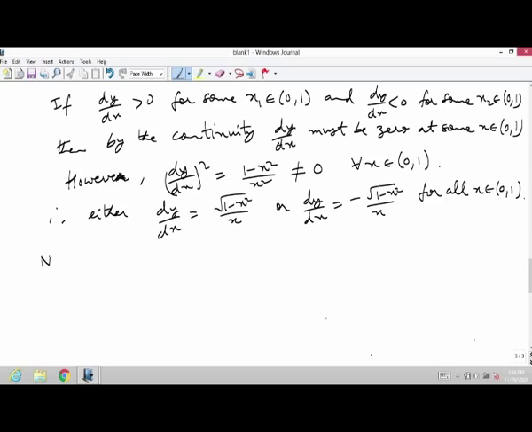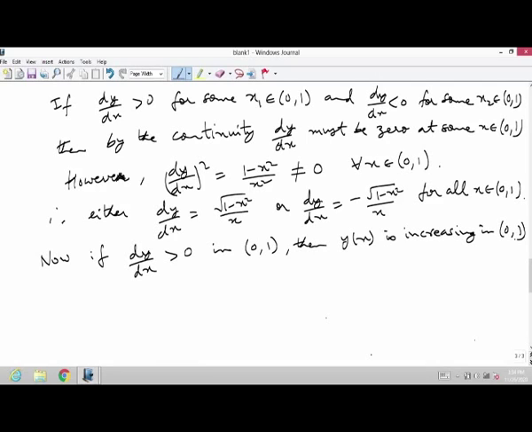So, now if dy/dx is greater than 0 in (0, 1), then we know that the derivative greater than 0 implies that y(x) is an increasing function in the interval (0, 1).